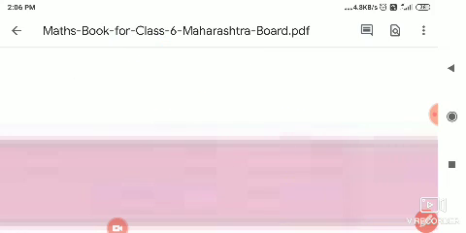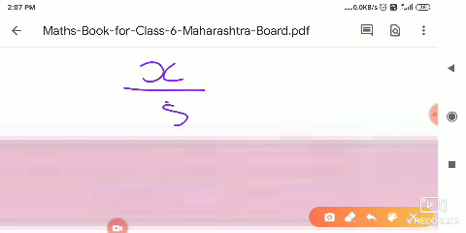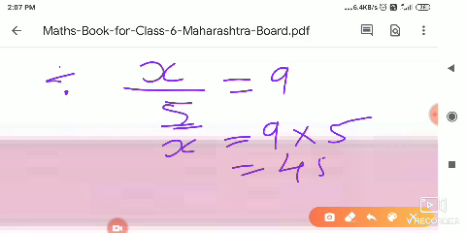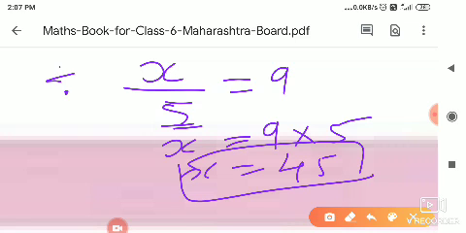Okay. Again, if I write one equation, x upon 5 equals 9, this number is here for division, so it will move towards the RHS of the equation for multiplication, because the opposite of division is multiplication. So here x is equal to 45.